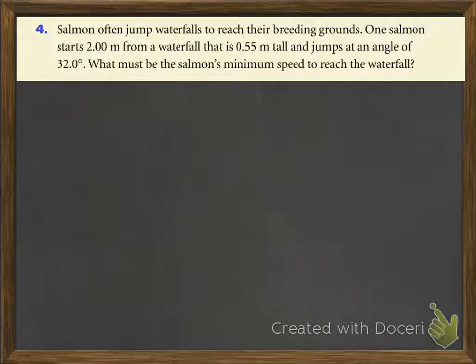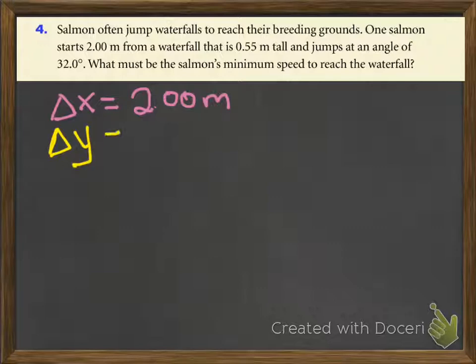So let's go ahead and write down what we know. So we know that the delta x is 2.00 meters. We know that the delta y we need to reach is 0.55 meters.